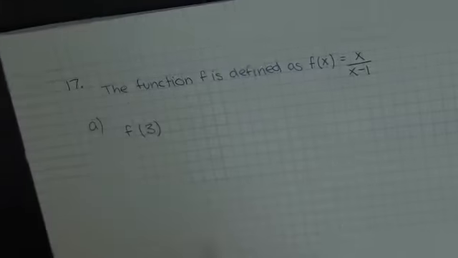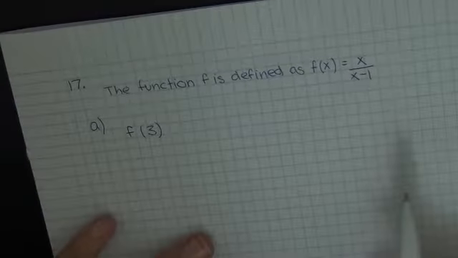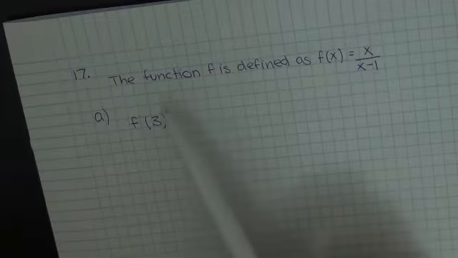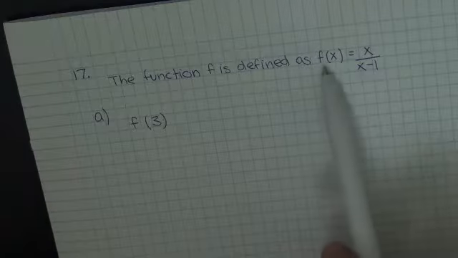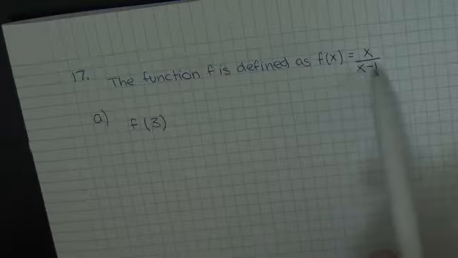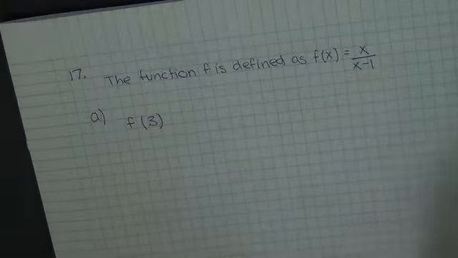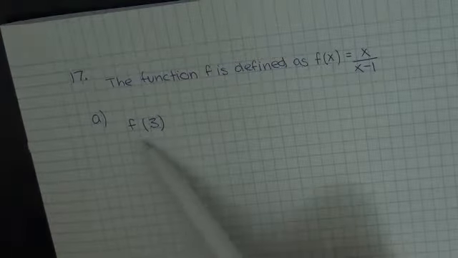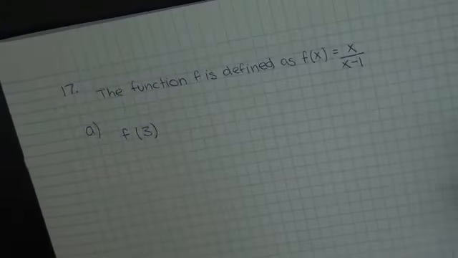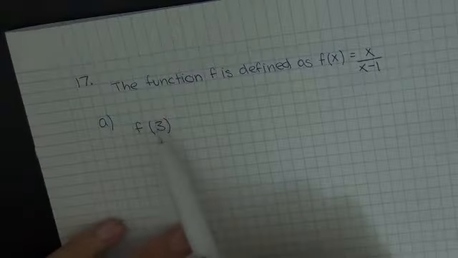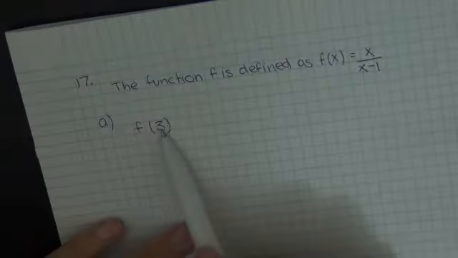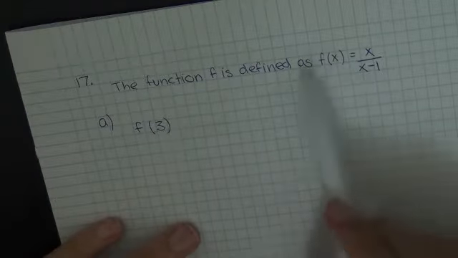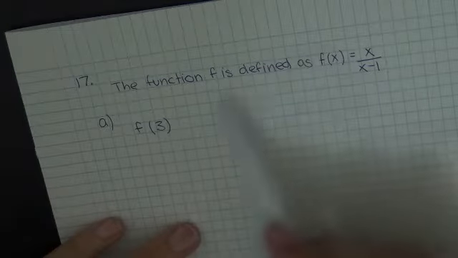This is another question from an IGCSE past paper, where we were told that the function f is defined as f of x equals x over x minus 1. So what would happen if it wasn't f of x but was f of 3? And so simply what we have to do is plug in the 3 into the x, replacing the two values.